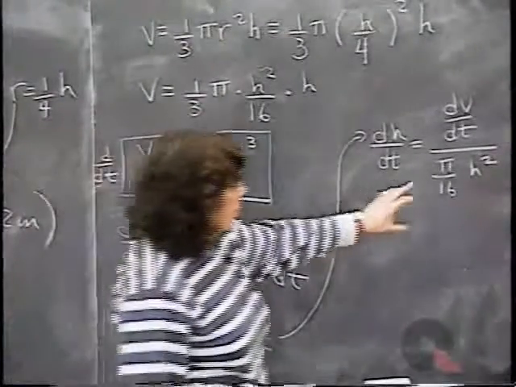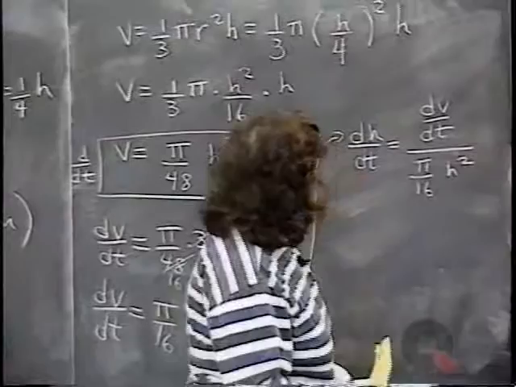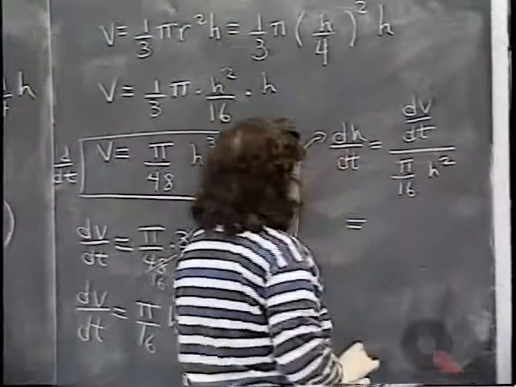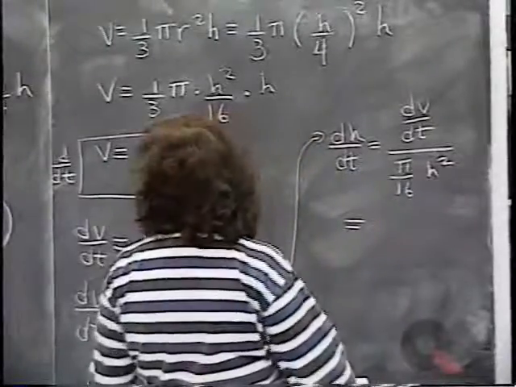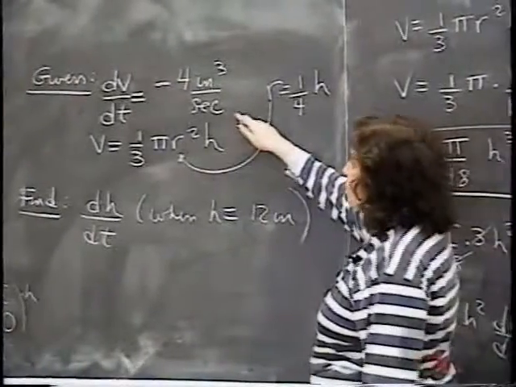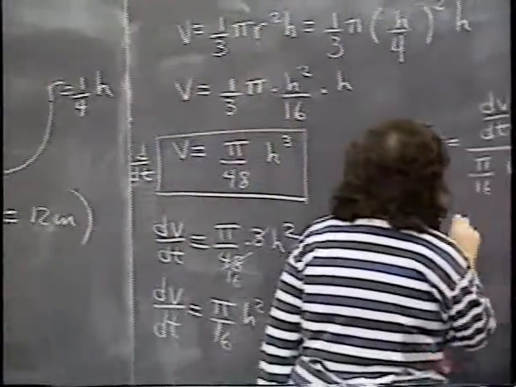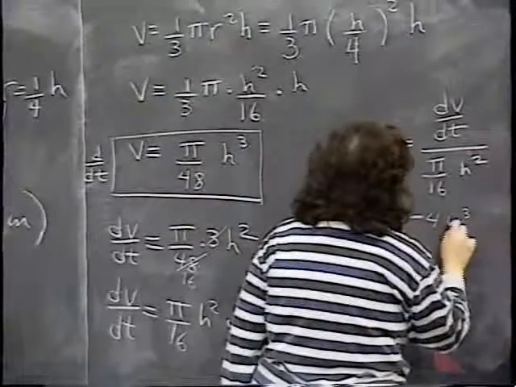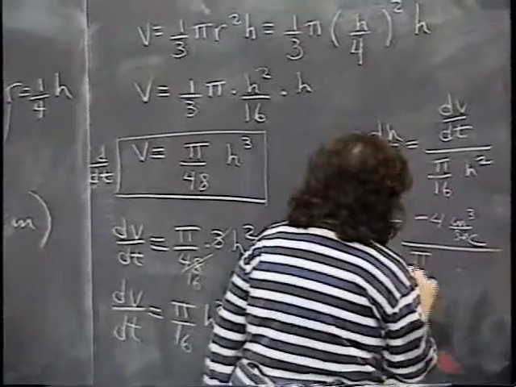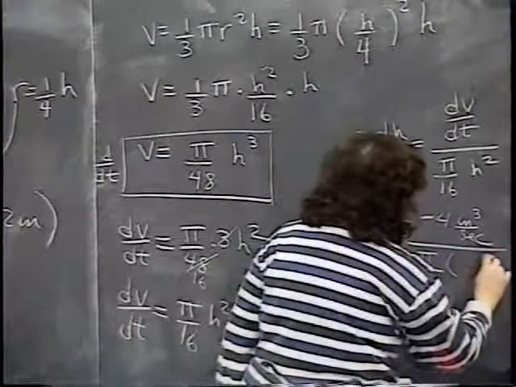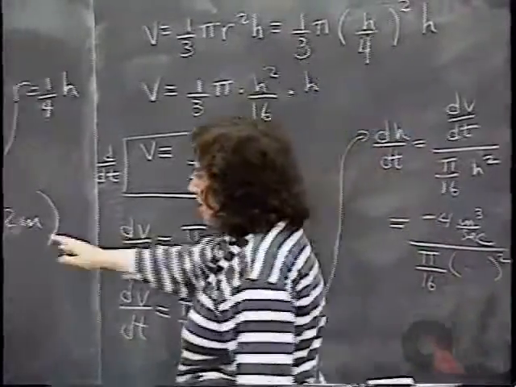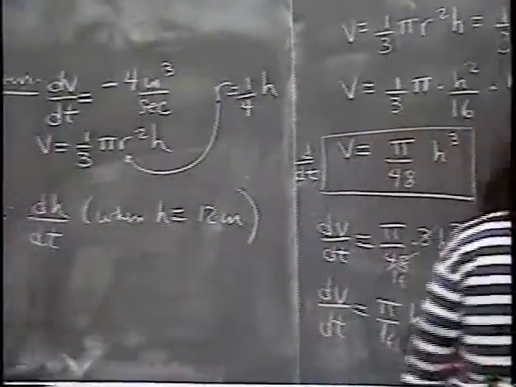Now we could invert and multiply by 16 over pi h squared. We're a little cramped for space here, so let's just finish the problem up like this. dV/dt in this problem is minus 4 cubic inches per second. Minus 4 cubic inches per second over pi over 16. Now, h squared, at the moment in question, h is 12 inches.